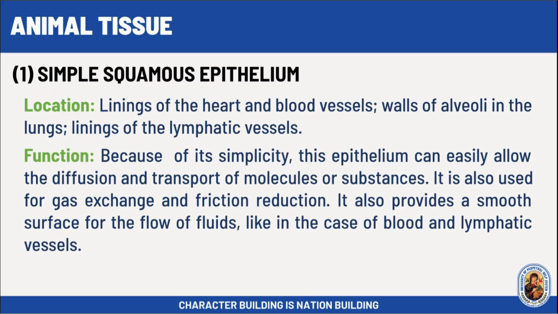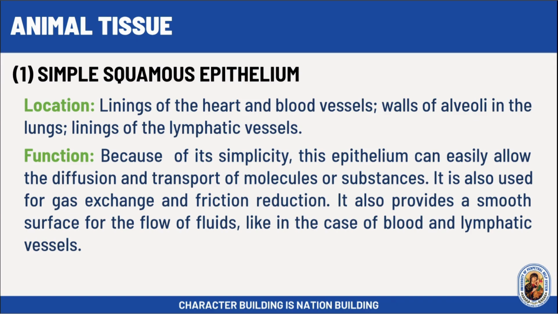So the first type is the squamous epithelial tissue, called the simple squamous epithelium. It's simple because it has one layer, and squamous because it's squished in shape. This type of layer is very thin, and it lines the heart and blood vessels. It also lines the walls of the alveoli and the lining of lymphatic vessels.